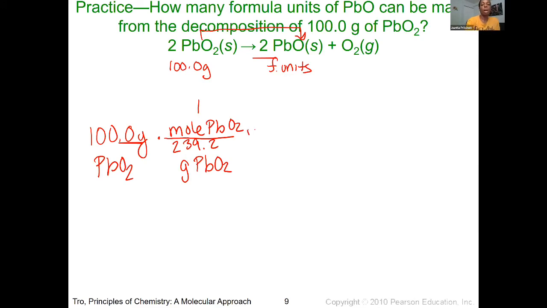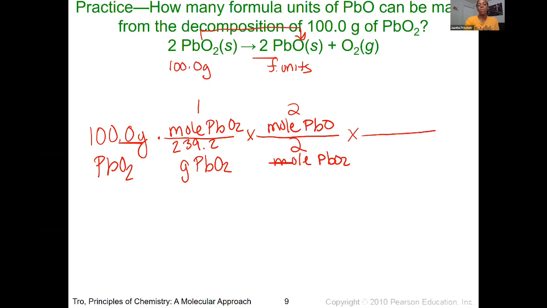Now I'm ready to cross the bridge. On the bottom, I would put 1 mole, excuse me, not 1. I would put moles of PbO2 and on the top, I would put moles of PbO. And now when we fill this in, we look at the ratio, it's 2 to 2. And then the last step, now I want to get from moles to formula units.